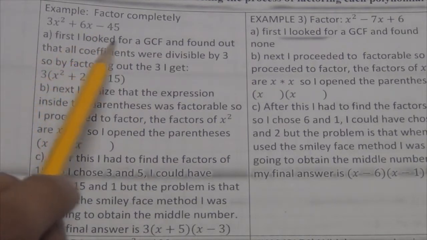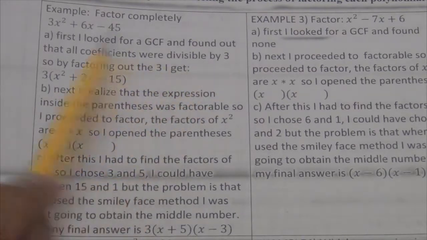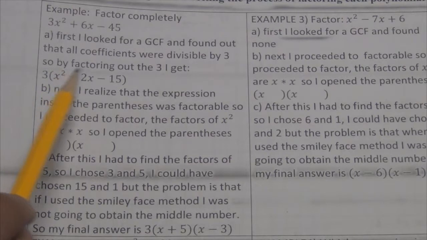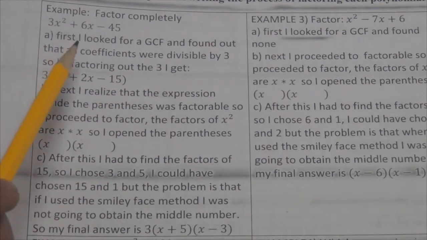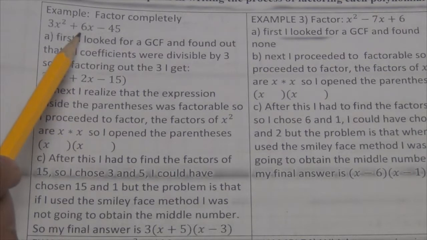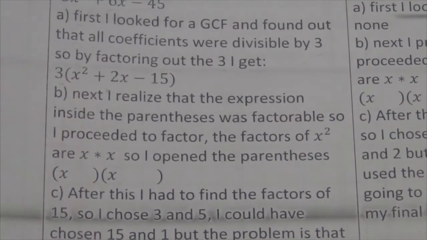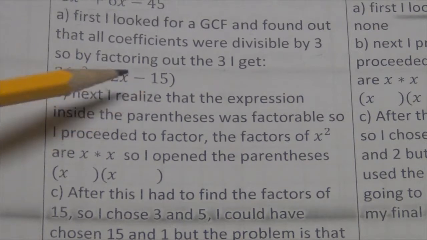Well, first I looked for a GCF and found out that all coefficients were divisible by 3. 3, 6, and 45. So I factor out the 3. See that? And now you could either divide the whole thing by 3, saying 3x squared divided by 3 is just x squared. 6x divided by 3 is just 2x. 45 divided by 3 is nothing more than 15.